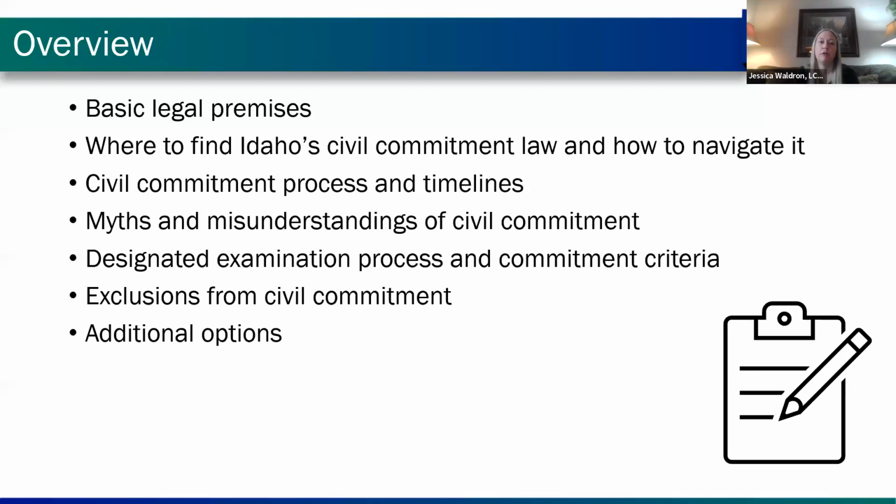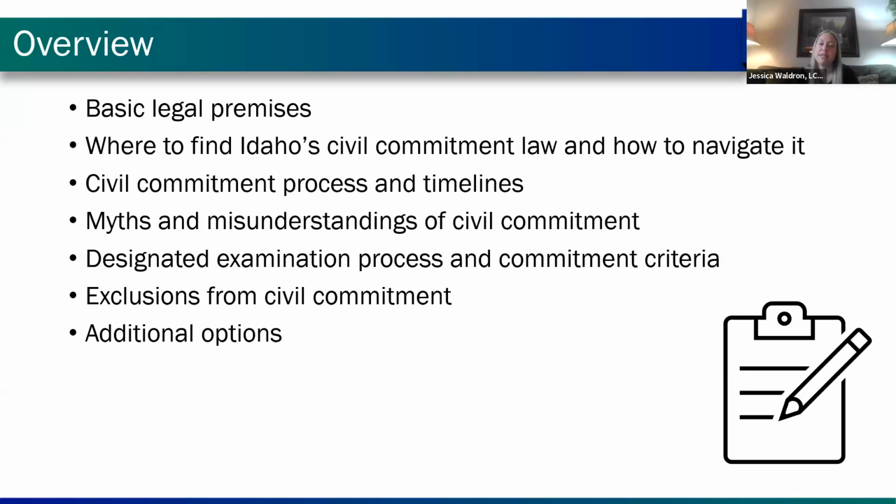So I'll start with some basic legal overview of where this law developed, also how to access the law and how to navigate that, along with the overall process of the civil commitment statute and the timelines that each section of that process allows for.